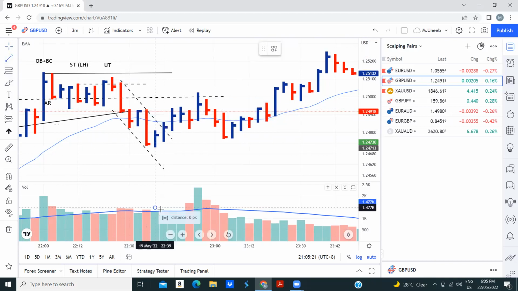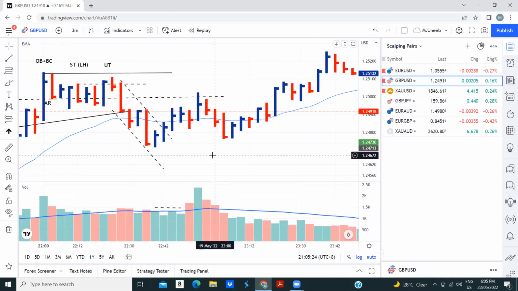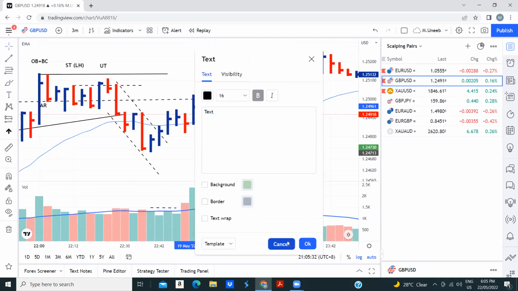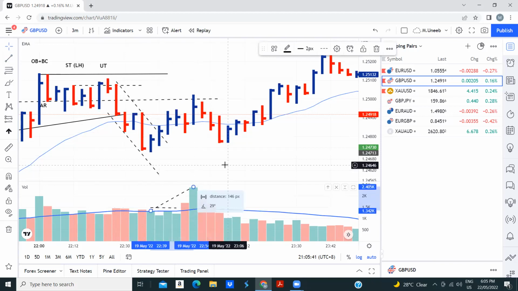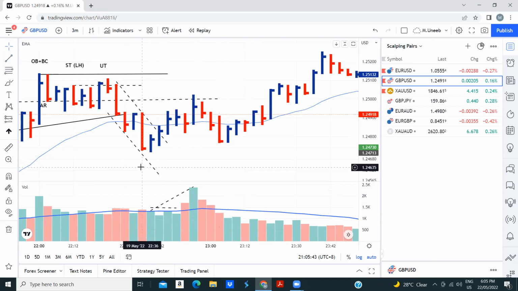The volume is very average, and the price went up. The spread is increased as you compare the spread of this bar with these local bars, and volume is also increasing. So it means the price direction will go up.